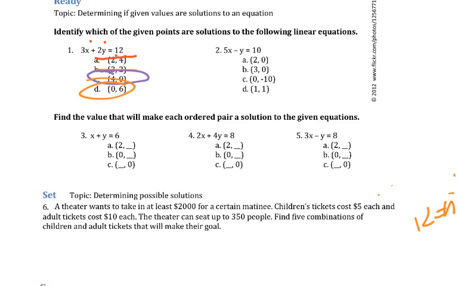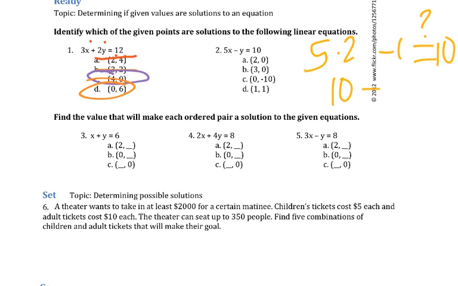Okay, number 2, same idea here. So I've got 5 times the x value minus just the y value will equal 10. So first one, 5 times 2 is 10, minus 0 would be 10. So A would work.